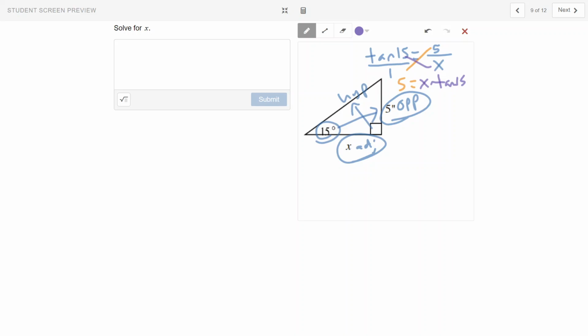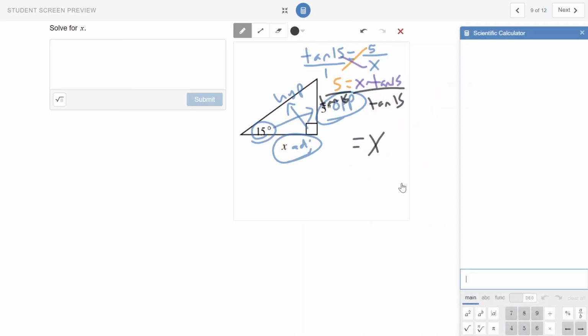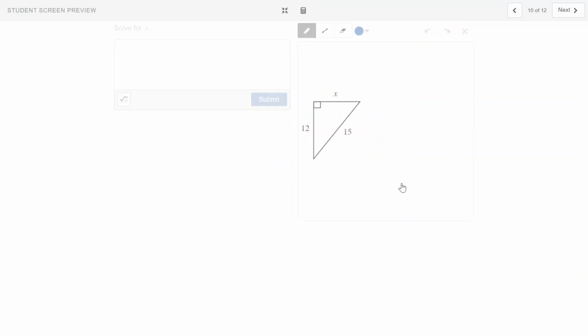In this case, tangent 15 is just a number. Just divide by it to get x by itself, right? So we're going to divide both sides here by tangent 15. And that leaves you with x equals whatever 5 divided by tangent 15 is. Well, let's type that in our calculator. 5 divided by tangent 15 comes out as about 18.66. And that's approximately equals. And we're moving on.